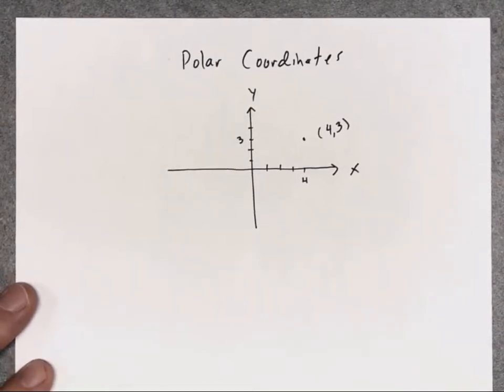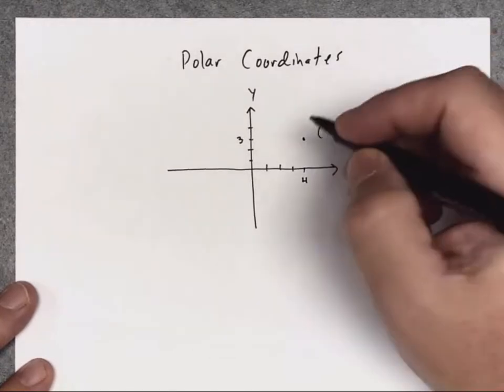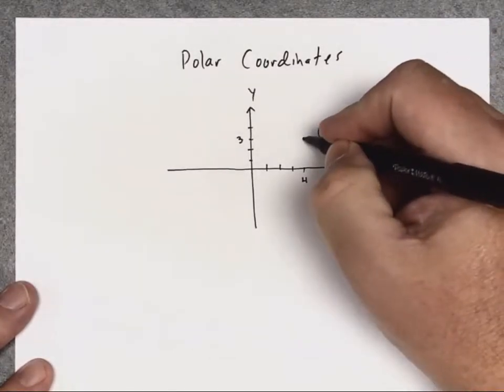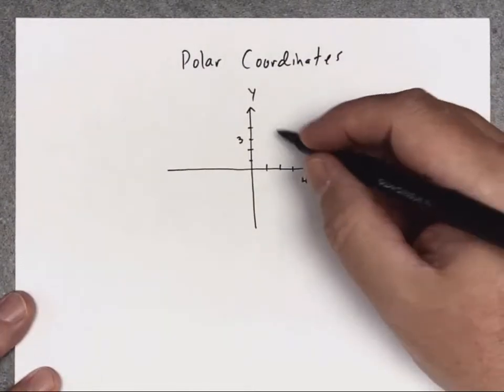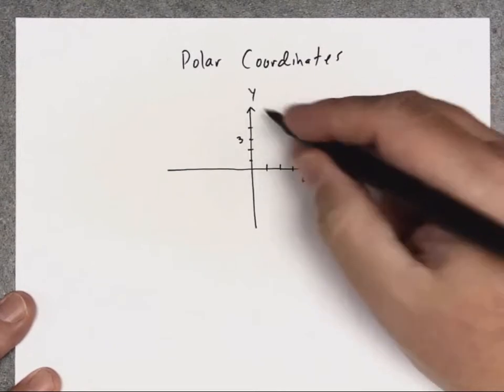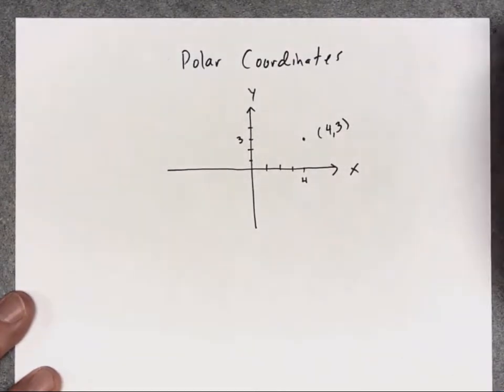Polar coordinates is a different way to describe this point here. So we sort of call this the XY coordinate system.